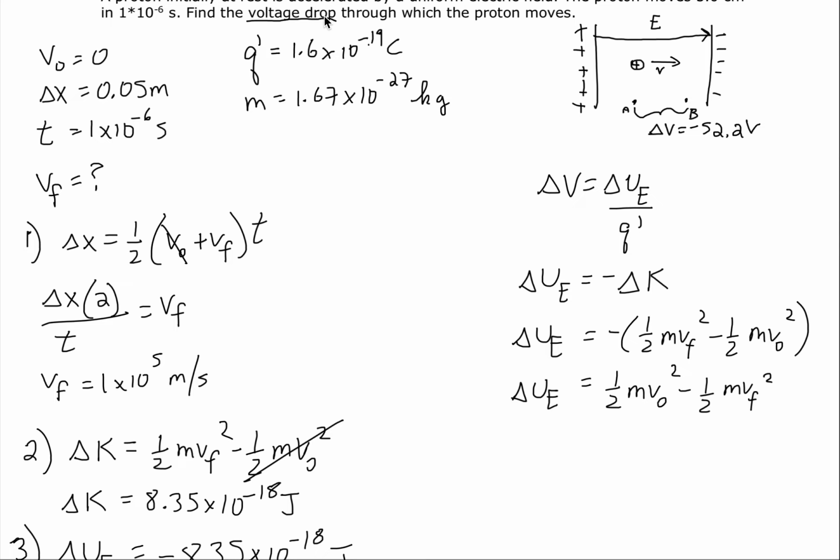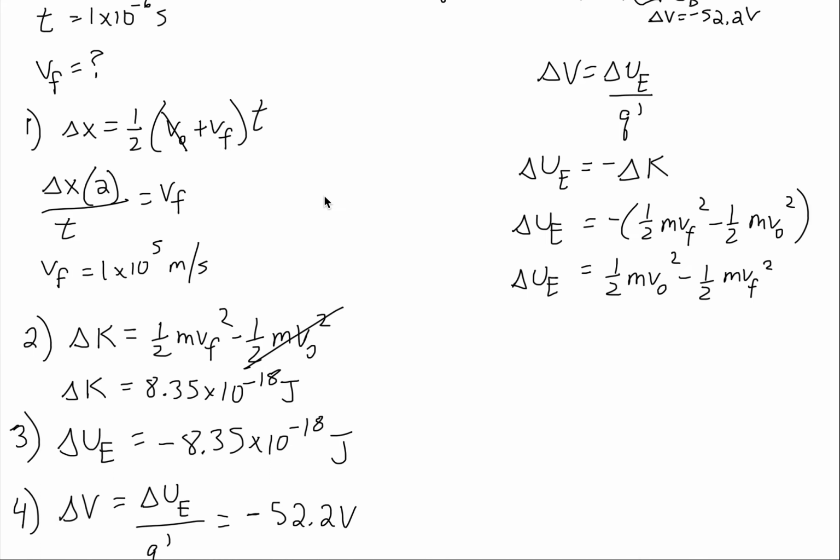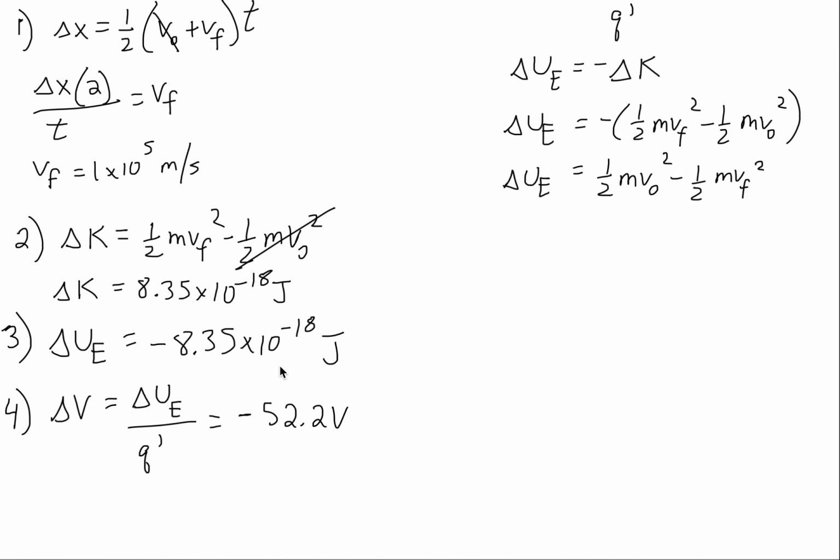So the problem is already telling us that the voltage is dropping, so it's just asking for the amount by which the voltage drops. So the final answer for the actual amount is just going to be the positive number because the problem is already telling us that it's dropping and it doesn't want that negative in there.